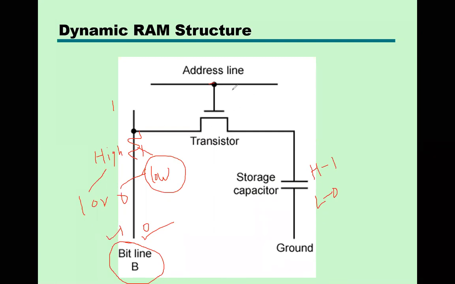So in this way we can select a particular cell by the address line, and through the bit line we can send either 1 or 0. While reading, if the capacitor is high, it means 1. If there is no charge, it means 0. Okay?